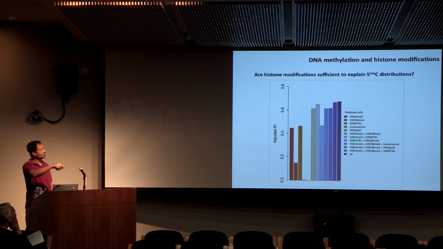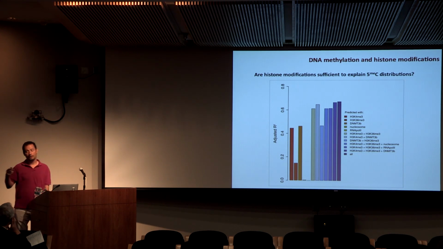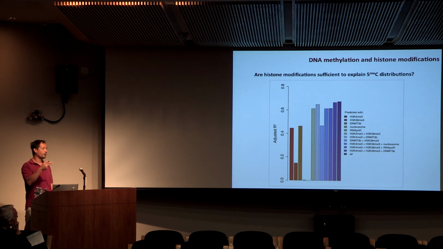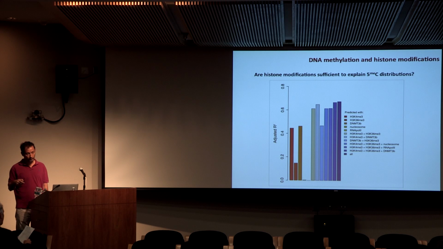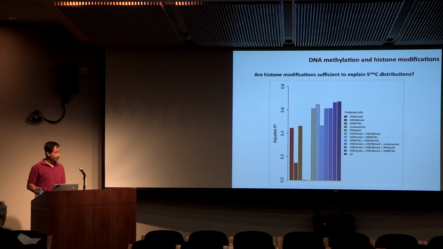And if we add additional data, all the other data we collected, the transcription, the nucleosome position, et cetera, we don't really improve the model. So what this tells us is that DNA methylation is by and large, or at least to first order, reading off the chromatin state of the cell. Whatever the particular state of K4 and K36 marks in the cell is going to determine the pattern of DNA methylation in that particular cell.